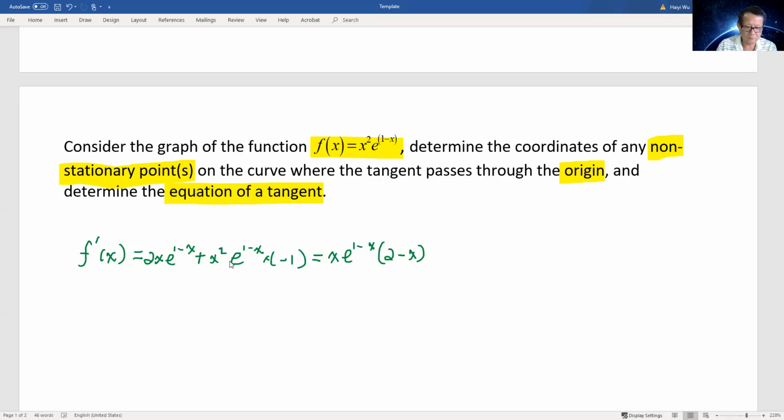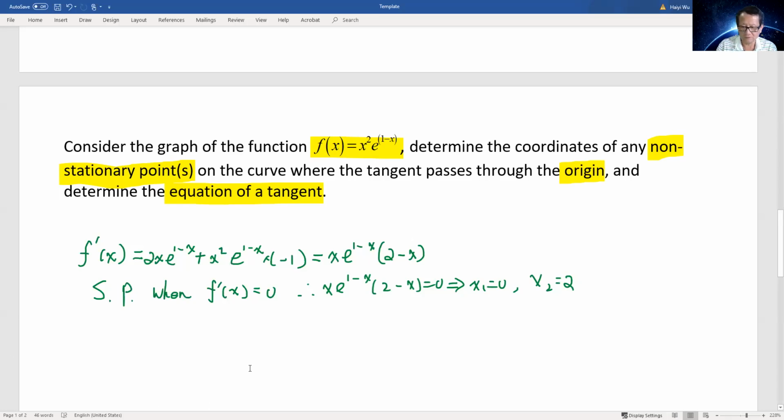So let's find the stationary points. The stationary points occur when the derivative f'(x) equals 0. Therefore we need to solve this. Solving, x1 is 0 and x2 is 2.